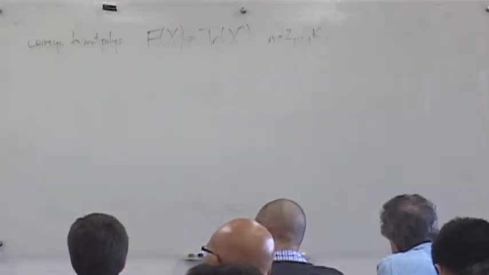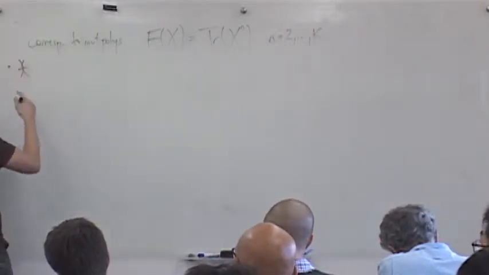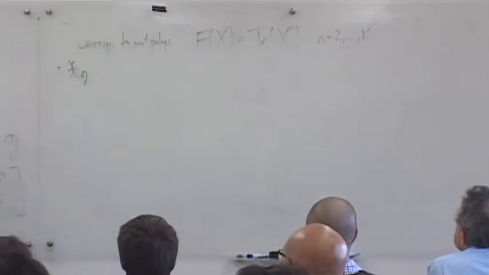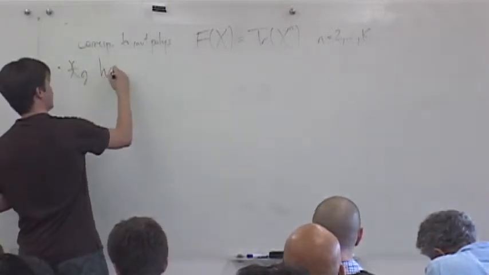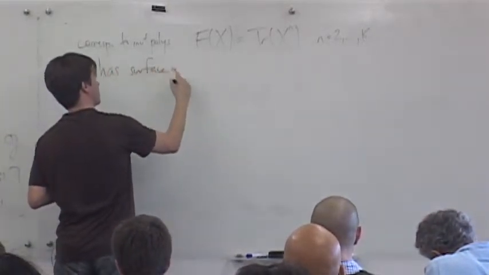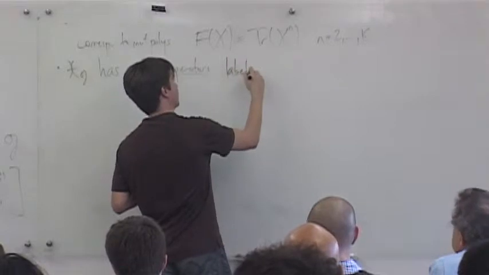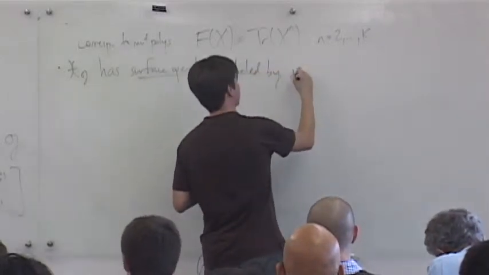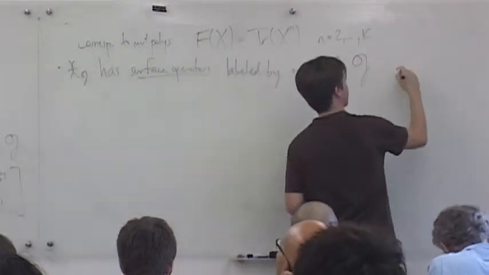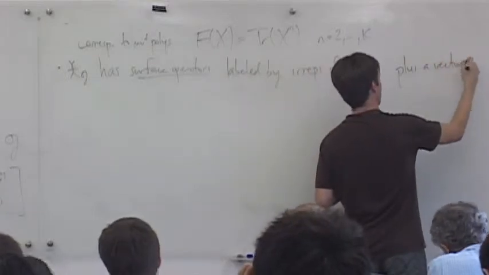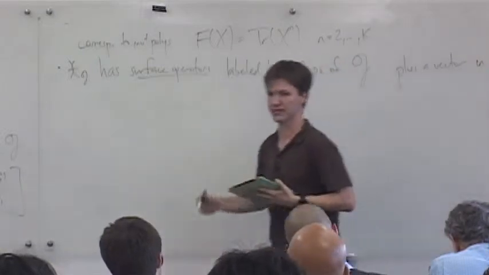Okay, so one thing we think we know about this theory is what its local operators are. I'll say in a minute what local operator means if you haven't seen it before. But let me go on just a little more first. The theory is also supposed to have surface operators, and those are labeled by irreducible representations of G, plus, let me say it in the more basis-independent way, a vector in R5, the same R5 that was over there.